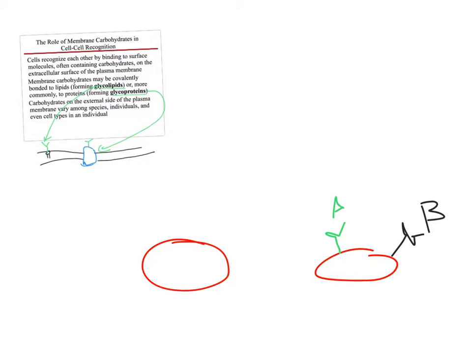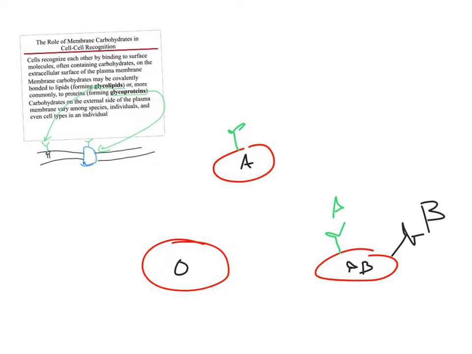And A blood cells have A. Now, the crux of all this is that if you don't have the carbohydrates, your body produces the opposite antibodies. So here's O, call that A, and this is AB.